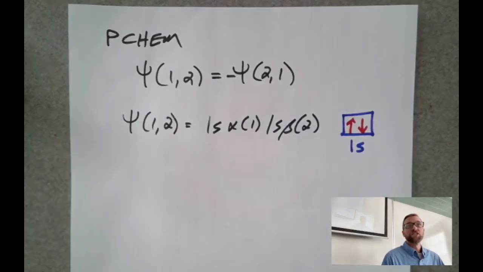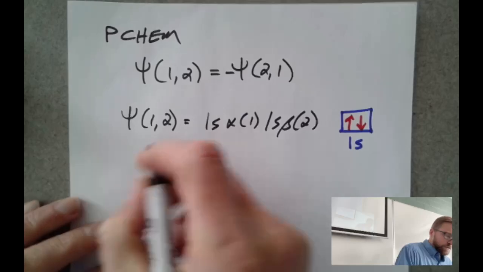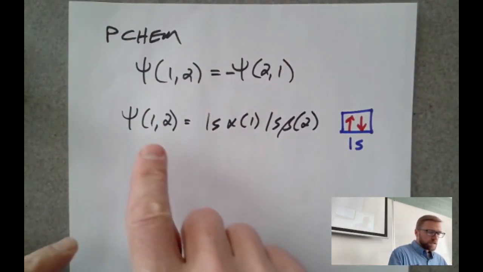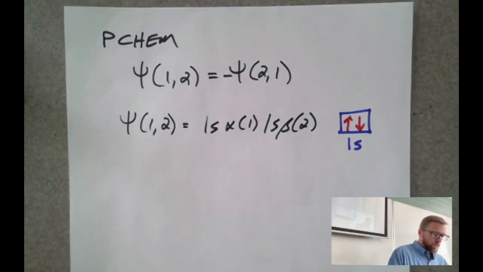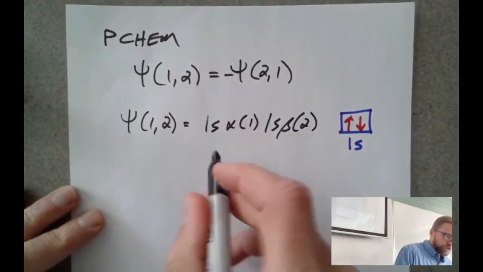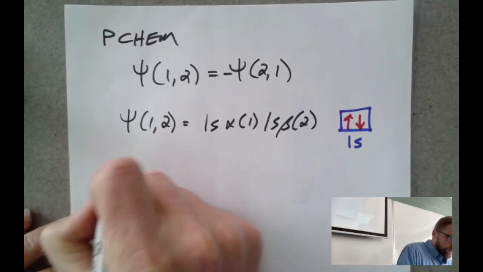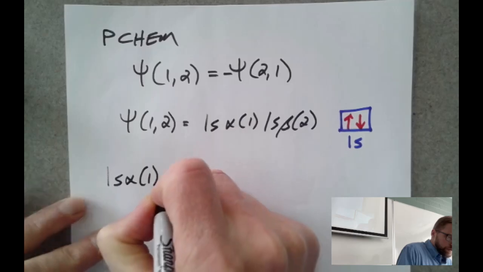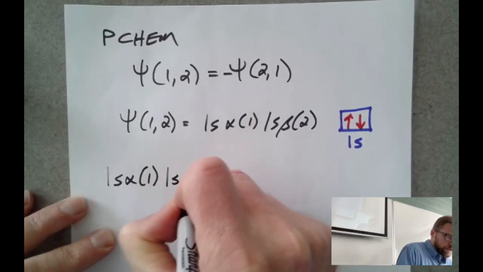Is this wave function antisymmetric? Let's find out. If it is antisymmetric, then we have this test that we want to apply. So I'm going to write down psi(1,2), which is this, 1s alpha(1), 1s beta(2).